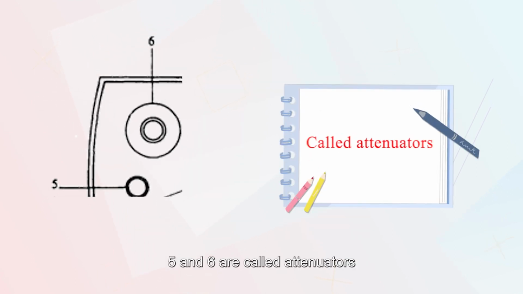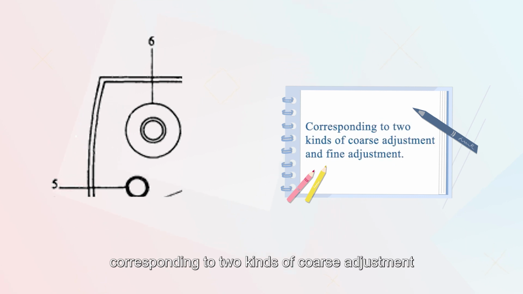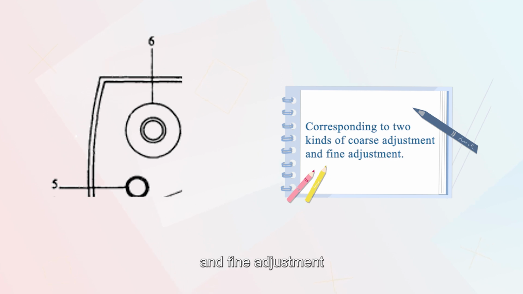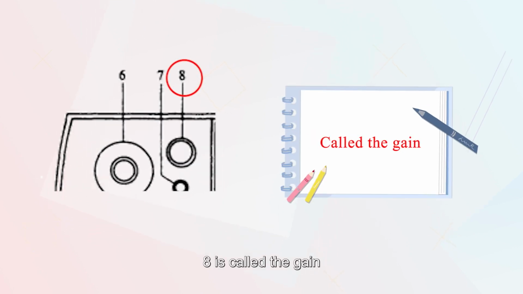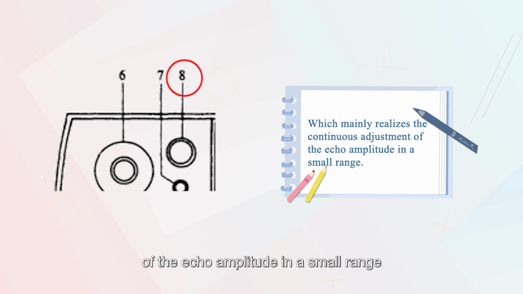Among them, 5 and 6 are called attenuators, corresponding to two kinds of coarse adjustment and fine adjustment, which are completed in a stepwise manner. 8 is called the gain, which mainly realizes the continuous adjustment of the echo amplitude in a small range.